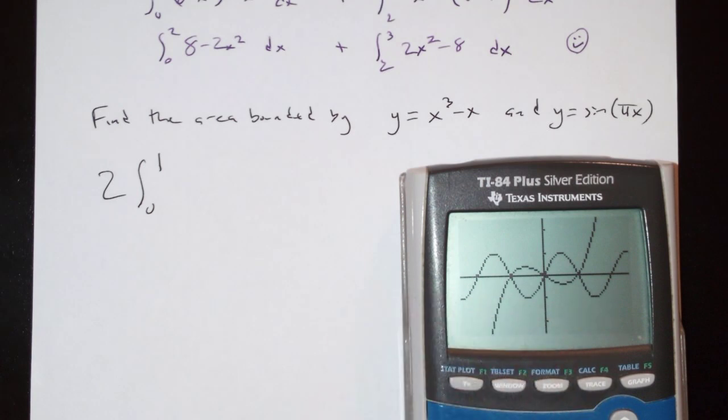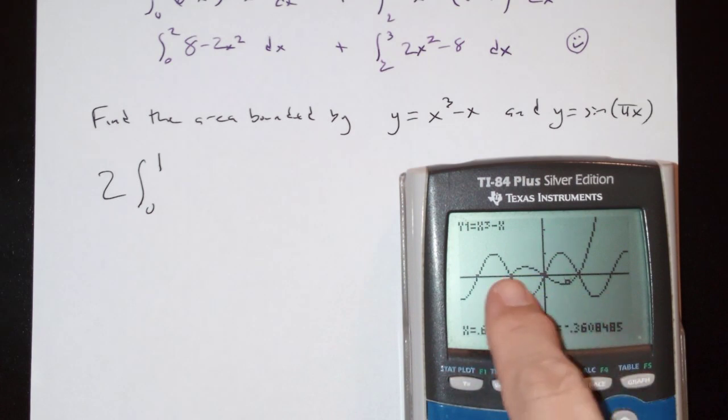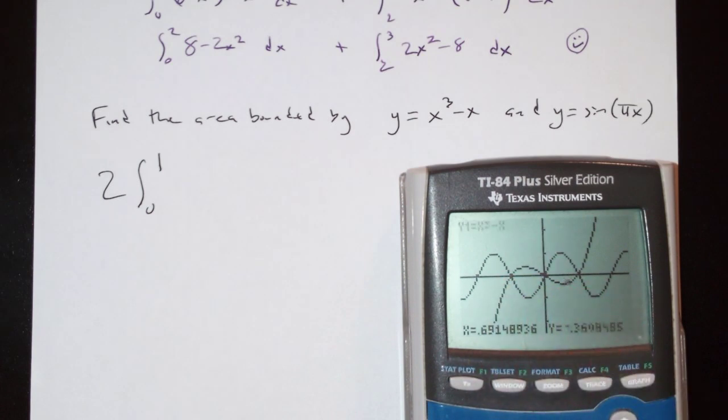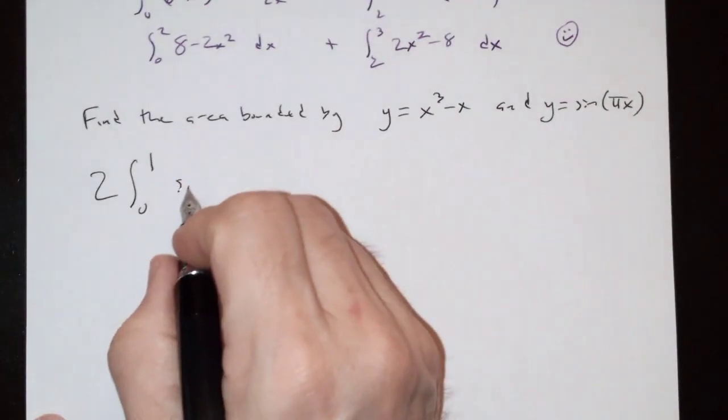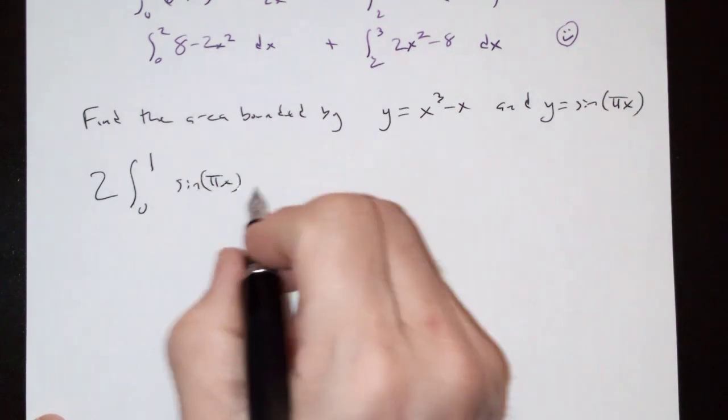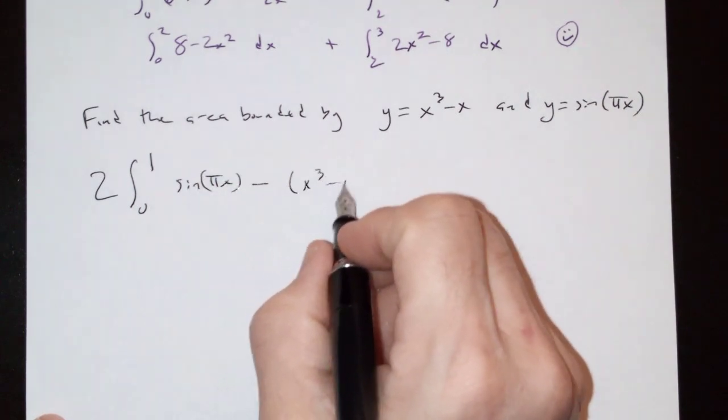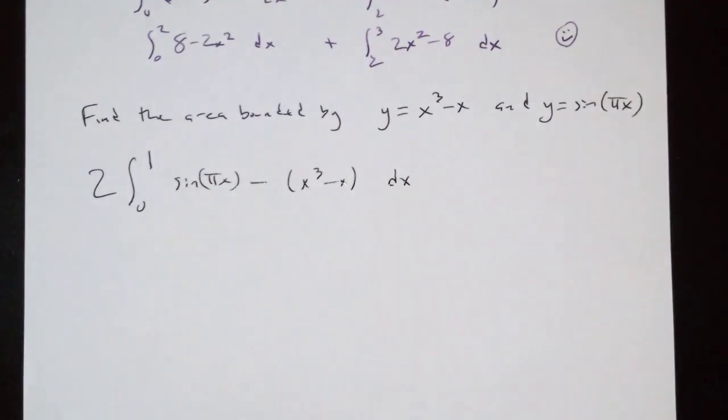I don't have color on this one, but I can hit the trace button and I say, oh, that's the cubic equation, that's the bottom, and that's the top. Okay, now I know which one is which. Here's another case where having that set of parentheses helps, because I see that I have to distribute that minus sign again.